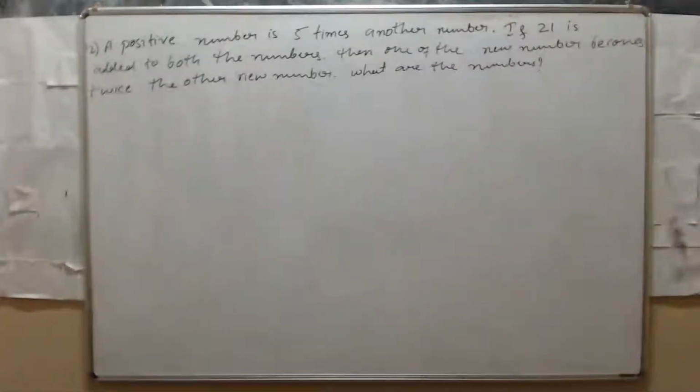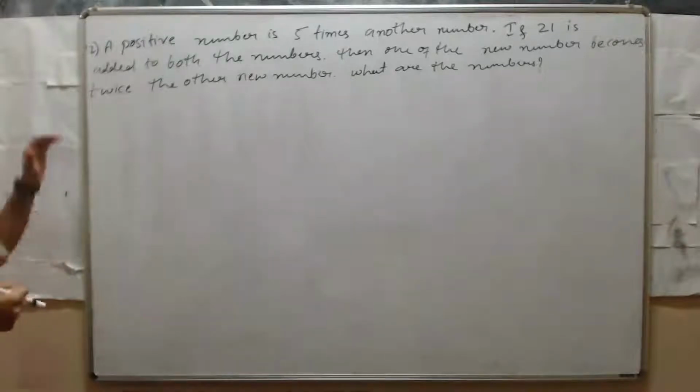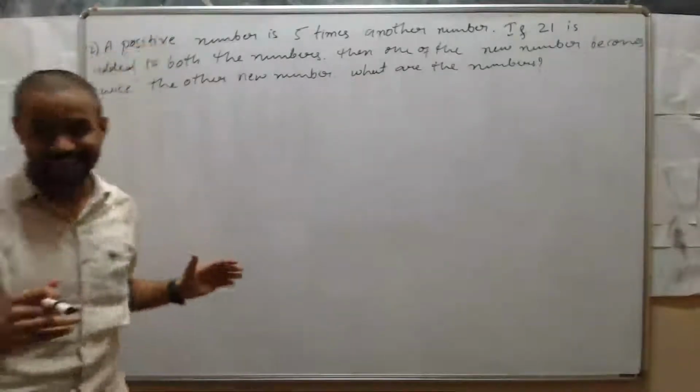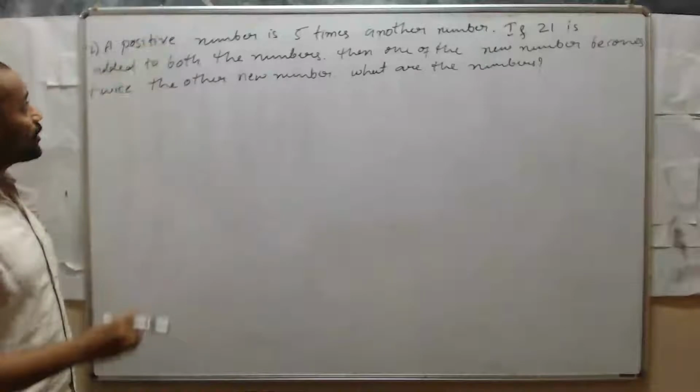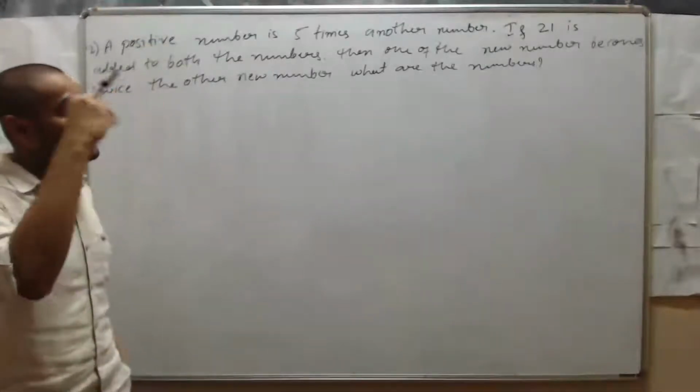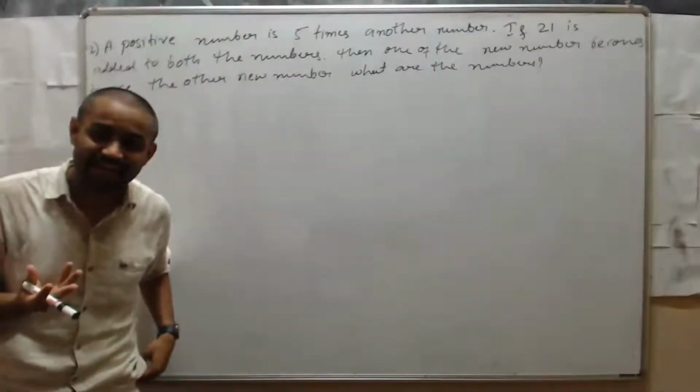First, we have to see that. See, a positive number is there. Concentrate here, students. A positive number is 5 times another number. Sir, which number will it be?